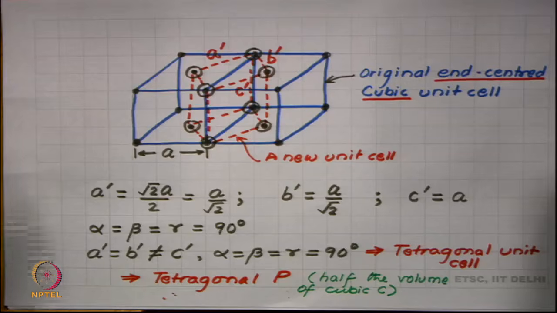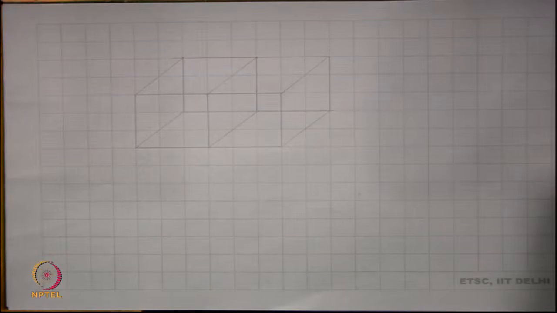So, if I have a choice between body centered cubic and tetragonal P, I can say that I will choose the smaller unit cell which represents the lattice. If you accept this argument, then you will run into a problem soon.